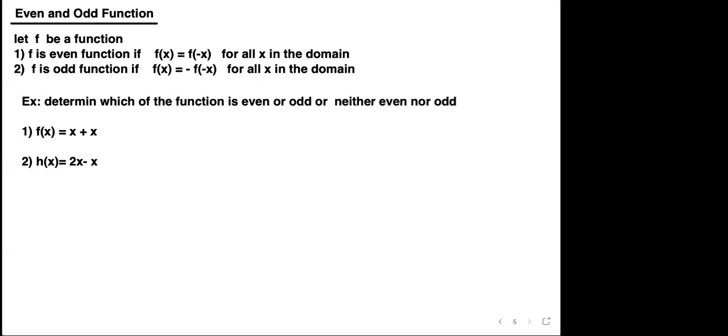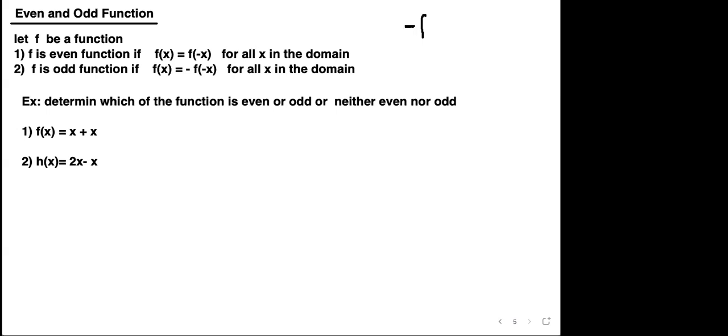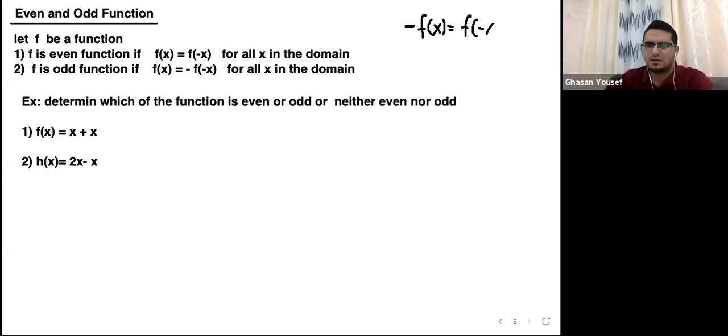I'm sorry to interrupt. I think there was a mistake in the second formula. This one? Yeah, f. Negative f of x or negative f of negative x. In high school you learn minus f of x equals f of minus x, like this.